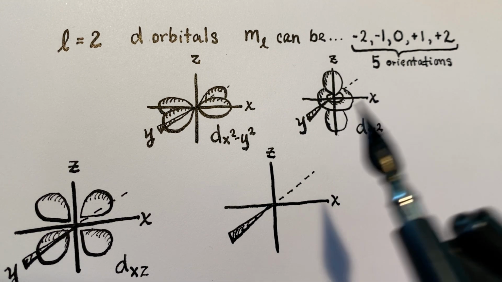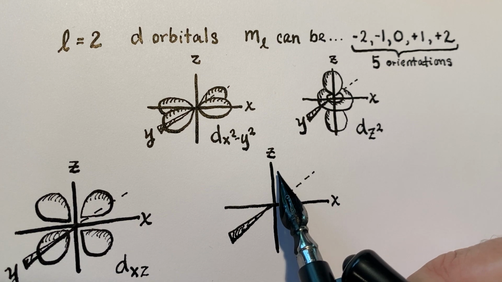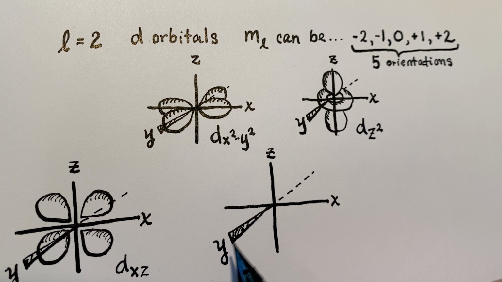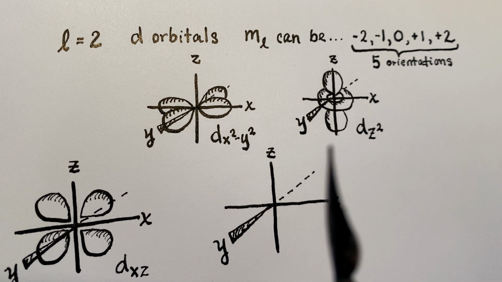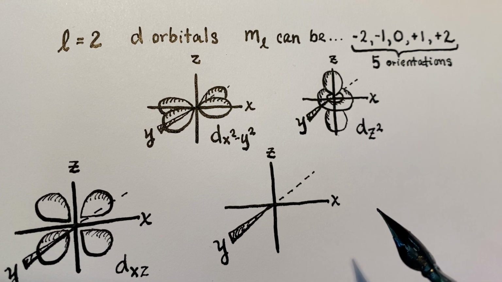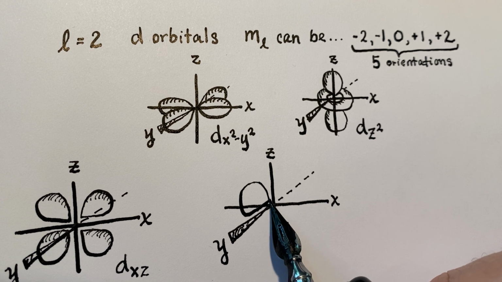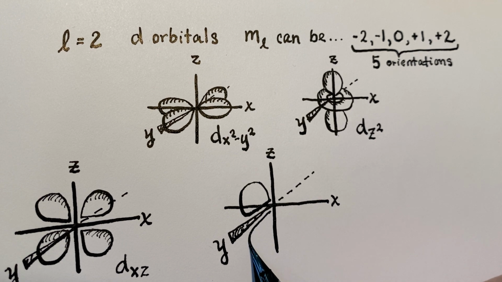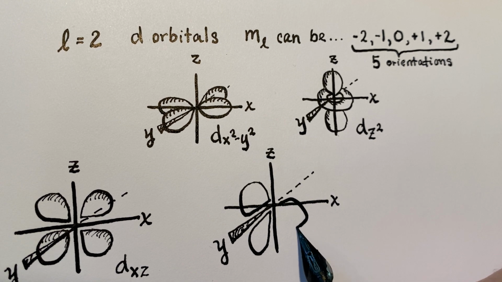All right, so these are going to be a little bit harder to draw. So this one, I'm going to put in the YZ plane. So that's the plane that's essentially coming at, chopping into the plane of the paper. So once again, the lobes are between the axes.